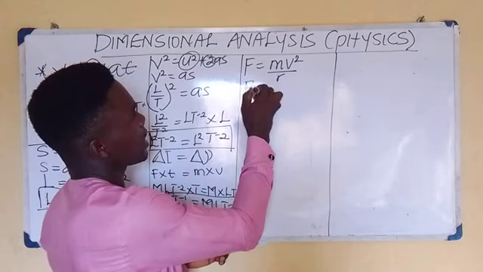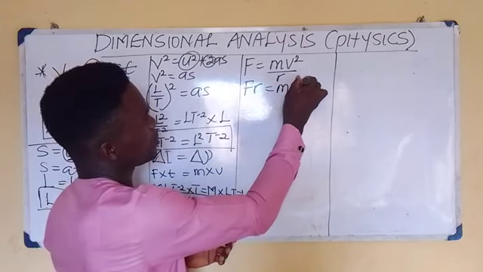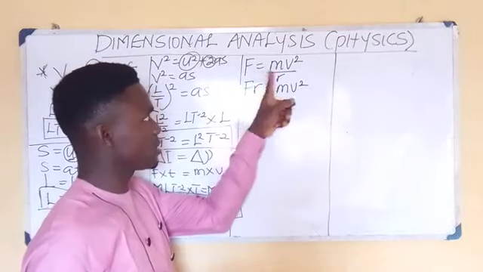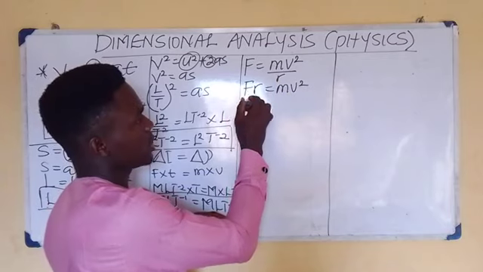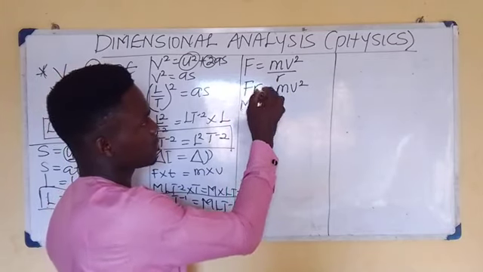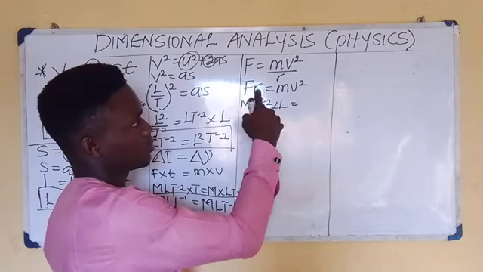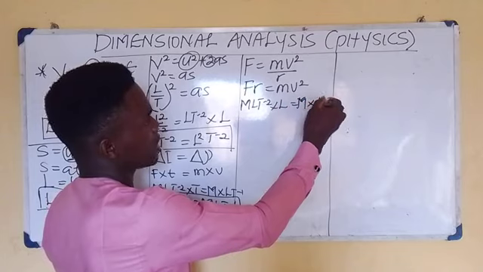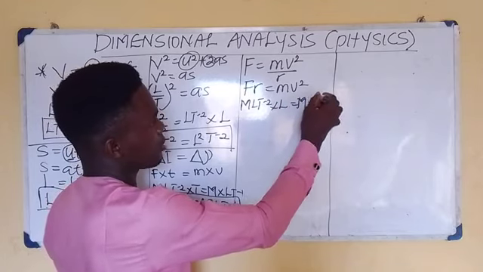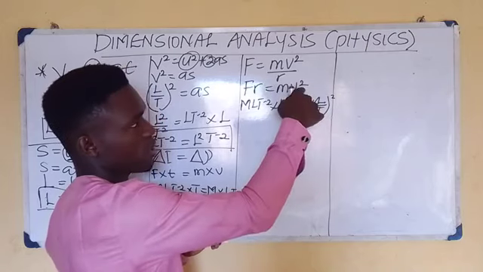I'll be having F times R equals mv squared. So don't forget that force is MLT minus 2, times L, which is the distance, equals mass times L over T, all raised to 2, because of this power here.